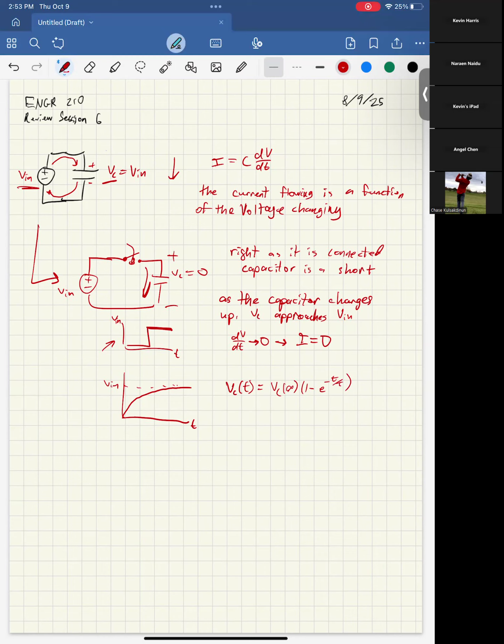And what this is, is just a negative exponential, so that looks like that approaching 1, and then when you multiply it by this, it gets you the shape you want. But basically, the TLDR of this is that a capacitor, this is the main thing.